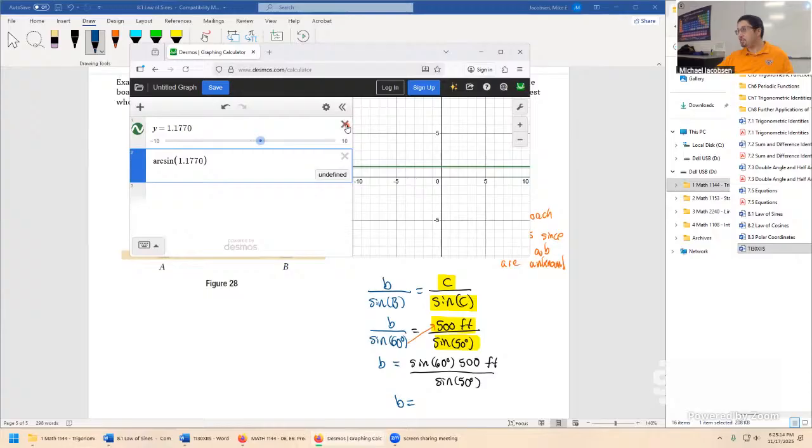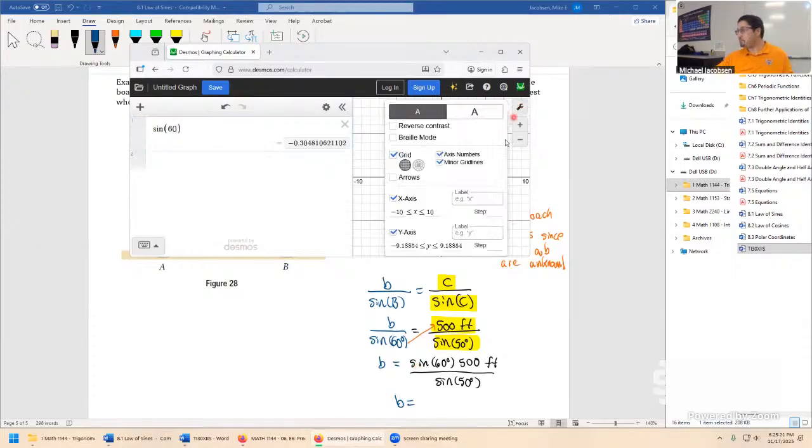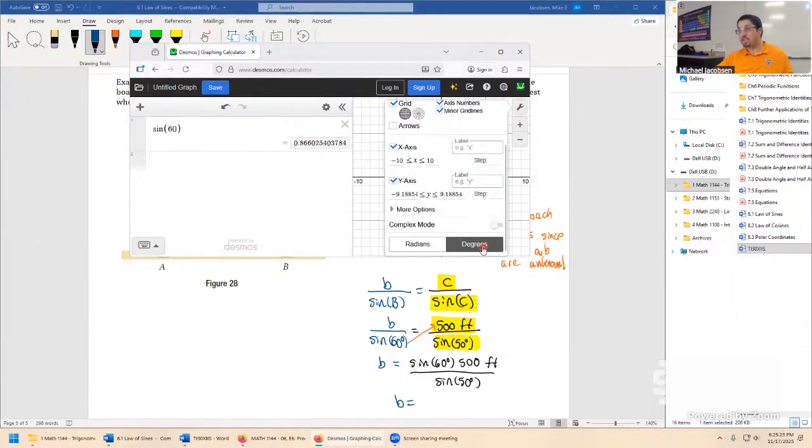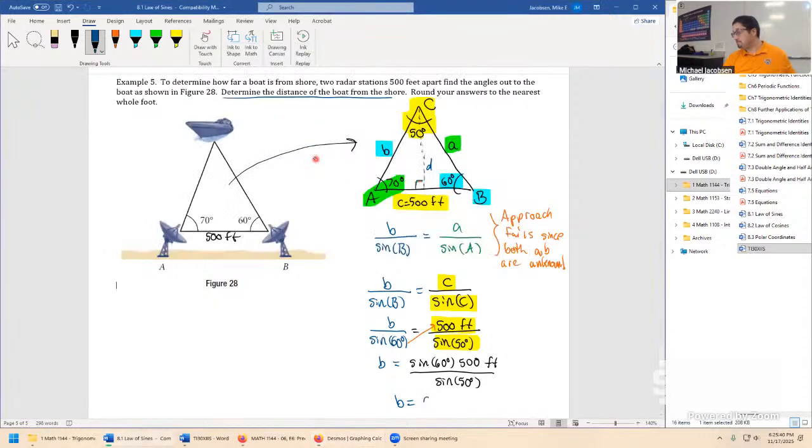So all that information shoved back into the calculator gives us sine 60. Remember, I swapped this to radian mode in order to do a graph, so let's make sure we're back in degrees. Sine 60 times 500, divided by sine 50 degrees, gives us a side length of 565, I'll round to 2 decimal places, 0.26 feet.